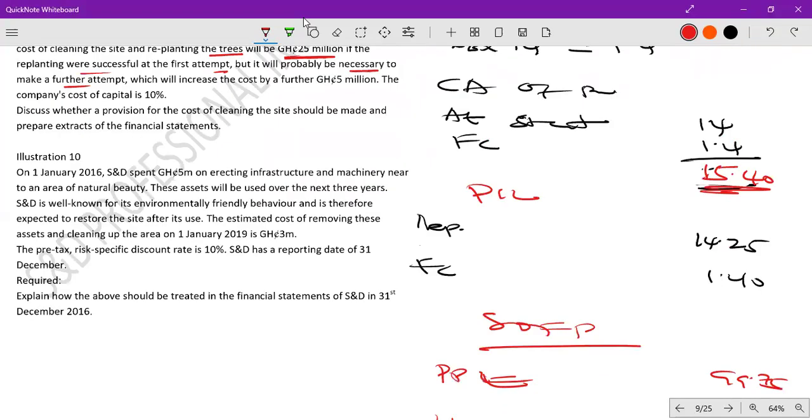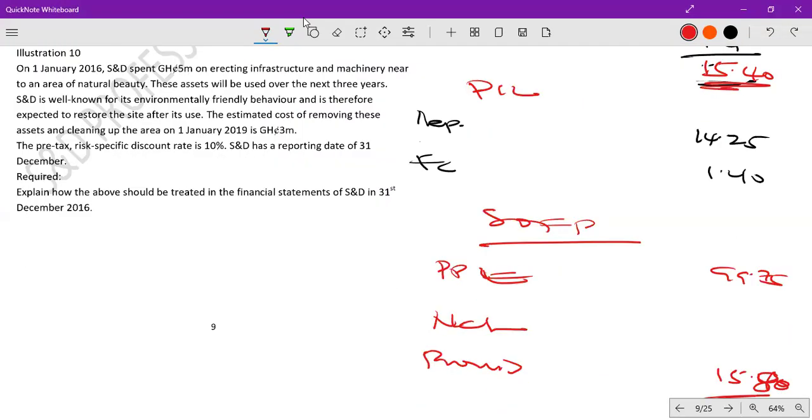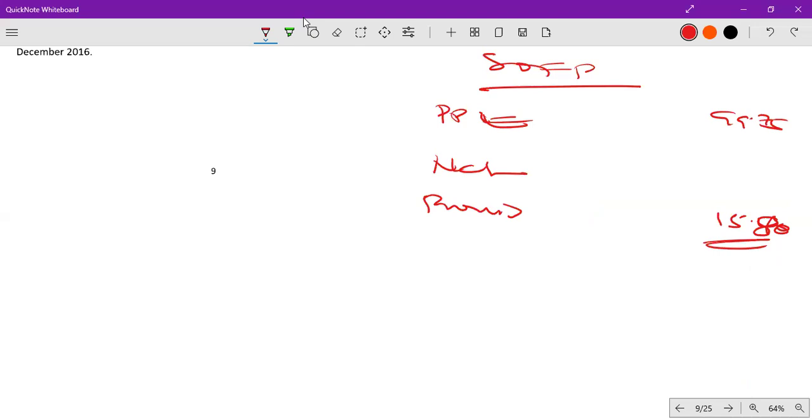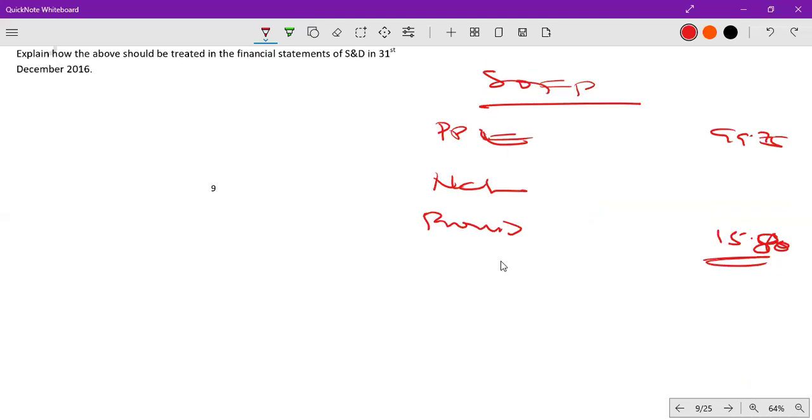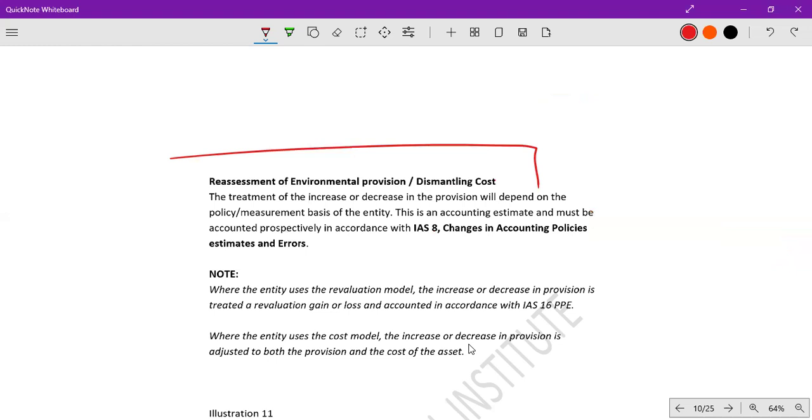It's not any new thing here. The only new thing is what if this provision has changed, and what if the discount factor has also changed? So let's come to reassessment of environmental provision or dismantling cost.